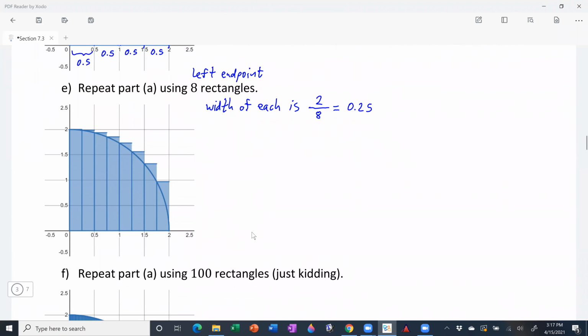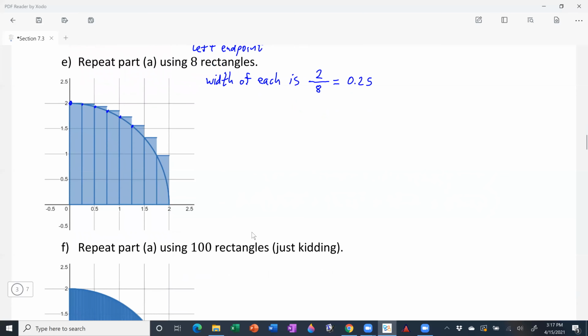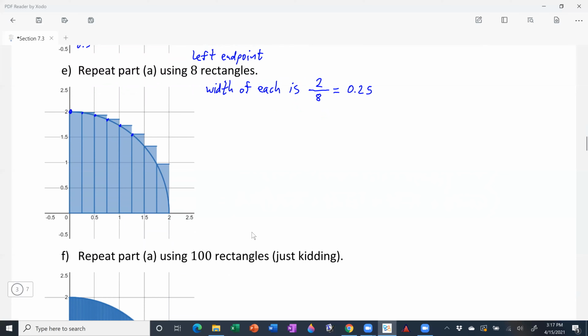Okay, we're still using left endpoints, and now I've got them all drawn there. Make sure that you do left endpoints for each one of those rectangles, and then draw them coming straight across. Okay, so we have to be a little bit careful here. It's not really all drawn perfectly. That's 0.25, this is going to be 0.75, then there's the 1, then there's the 1.25. These are the x values that we're going to need to plug into the function.